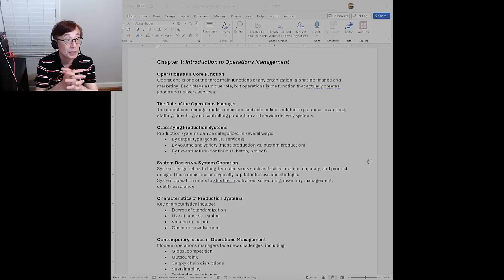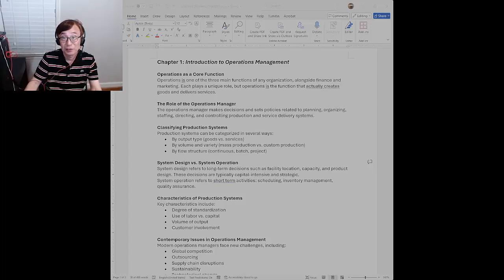So that's system design, long-term decision making. Whereas the same Amazon also schedules delivery trucks, right? So that's everyday decision making, which is system operation.